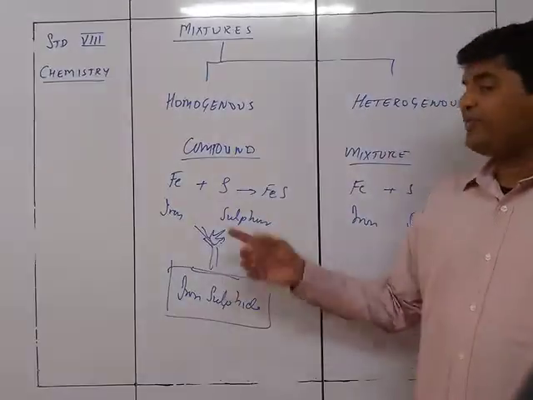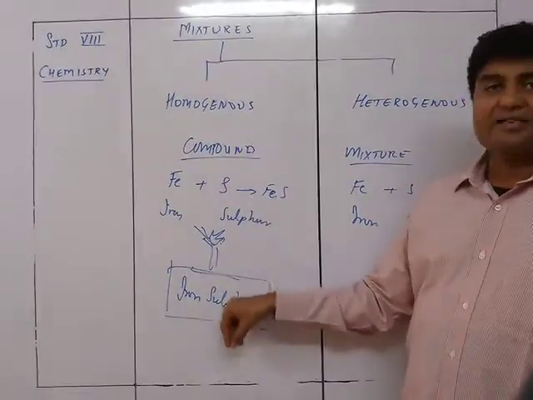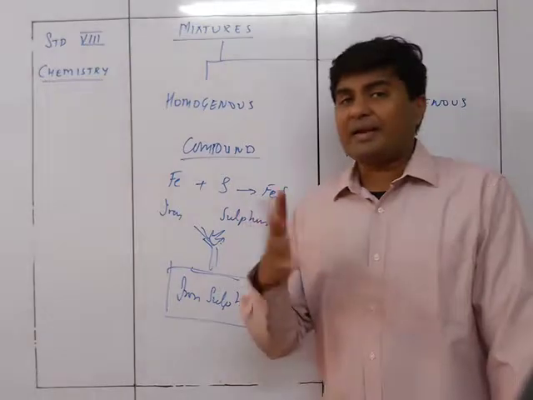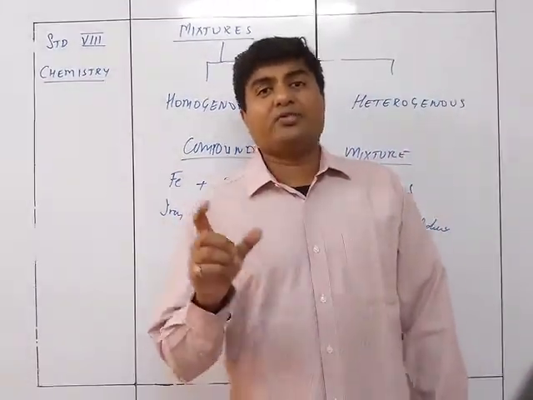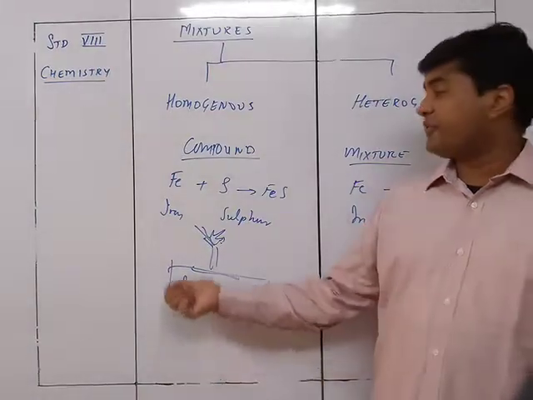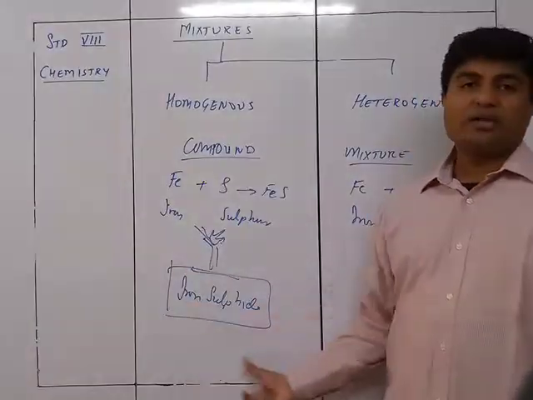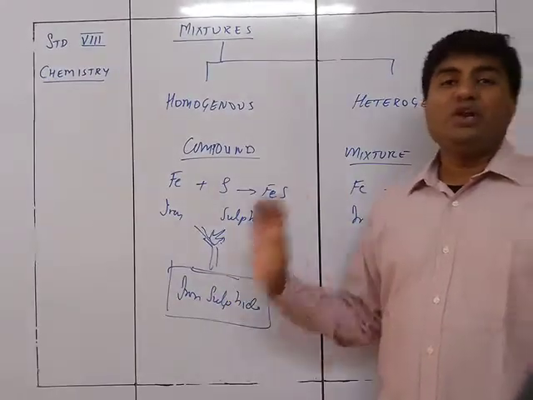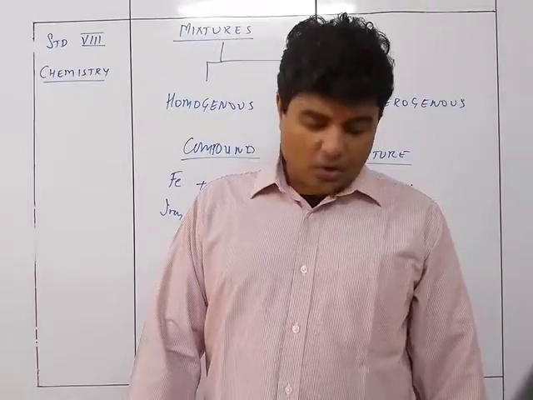Now if I take a magnet and I place it inside this iron sulfide, you will find that the magnet is not going to attract anything at all, because iron sulfide has properties completely different from iron as well as sulfur, and accordingly this is a completely new substance which does not have the property of iron or sulfur.